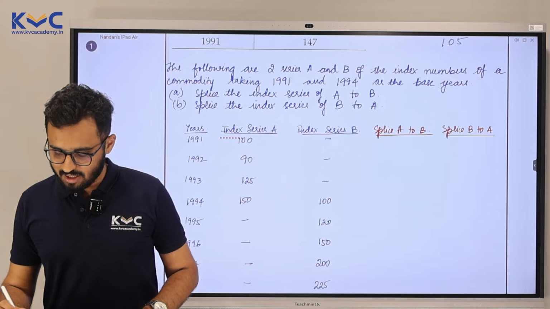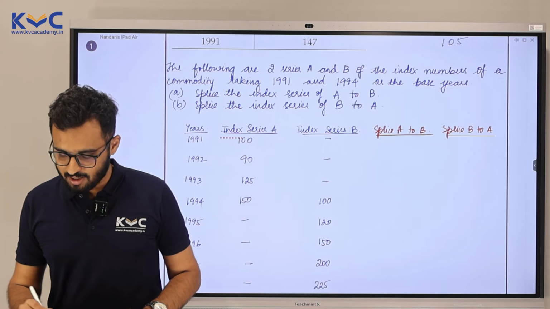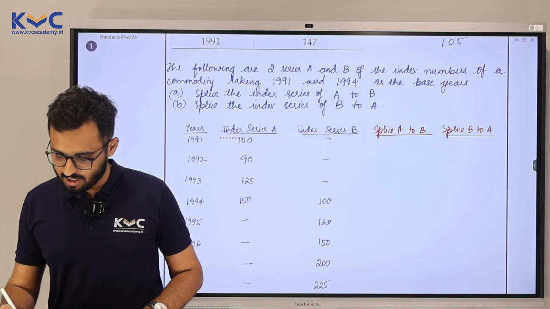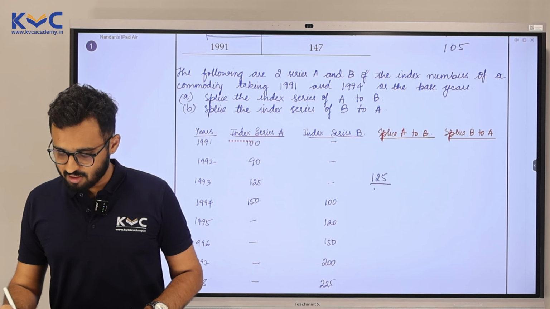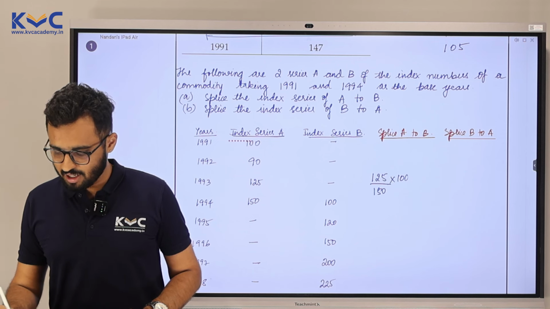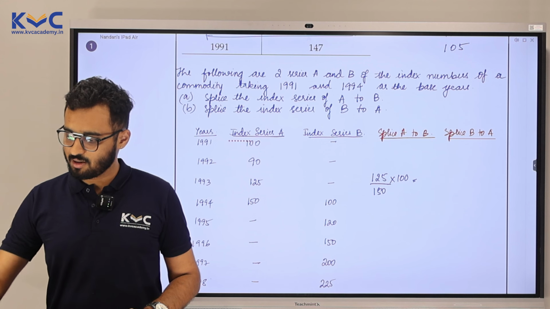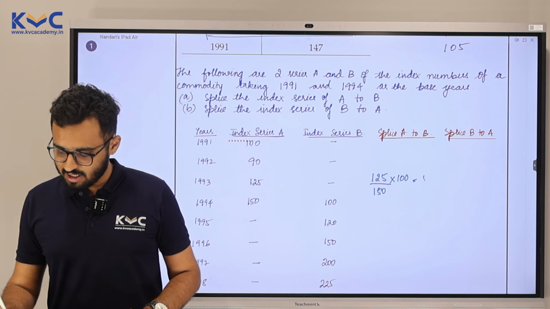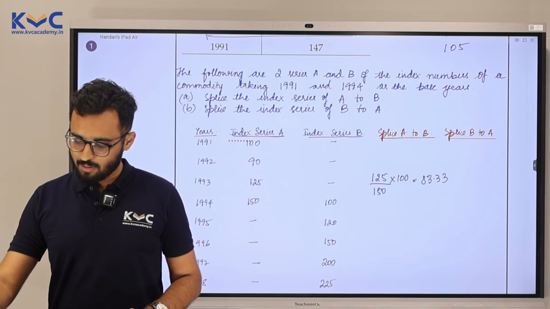So 125 into 100 divided by 150, that is 125 divided by 150 into 100, which is 83.33. What about 90?